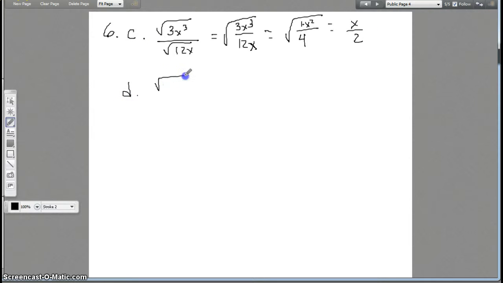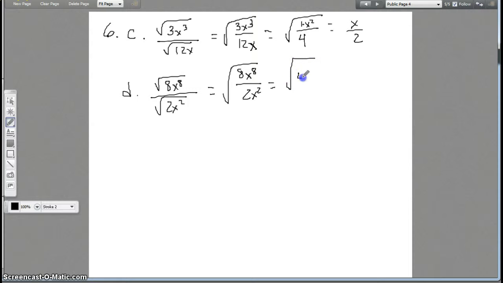Part D is the square root of 8x to the 8th divided by the square root of 2x squared. We're going to go ahead and make this all one fraction inside of our square root. So we have 8x to the 8th over 2x squared. 8 divided by 2 is 4.